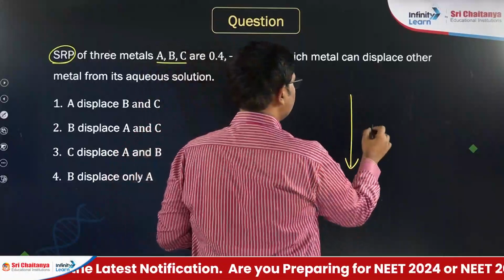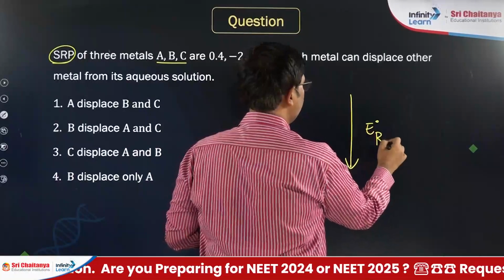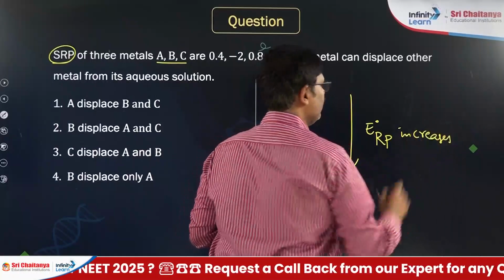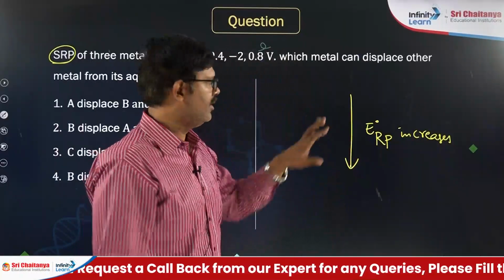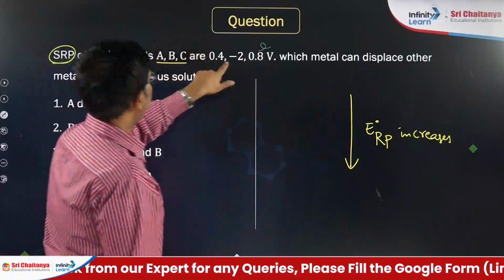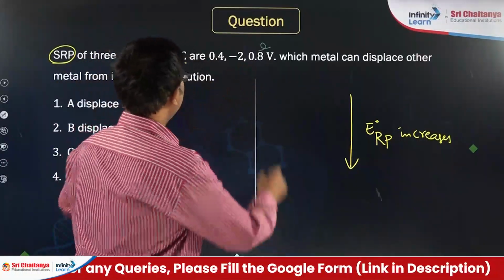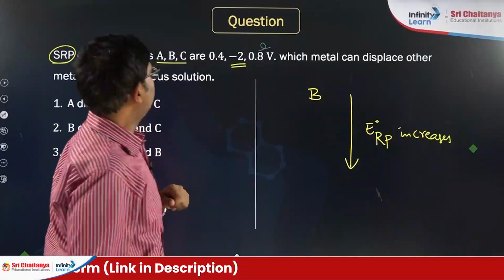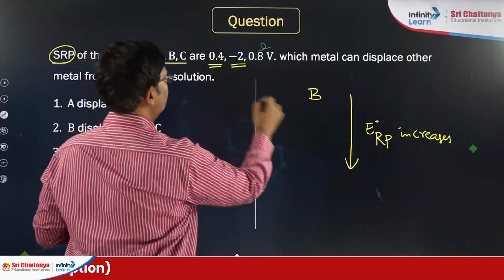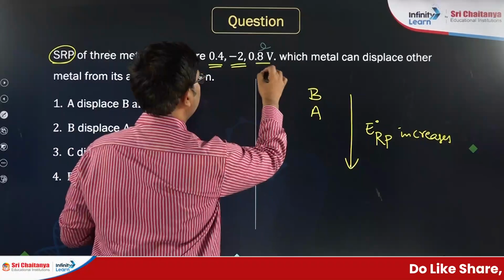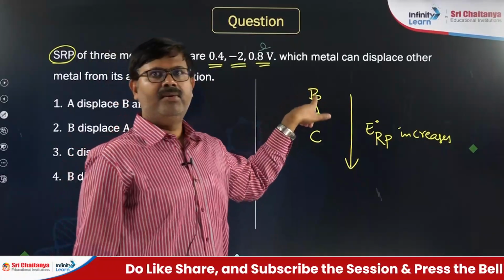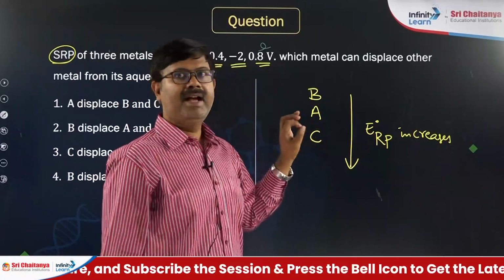Top to bottom, E naught SRP increases in the reactivity series. So, let's arrange in this manner. Which one is the lowest here? Minus 2 is the lowest. That means B is the lowest. Then comes 0.4, then comes C. So, B is lowest, C is the highest.